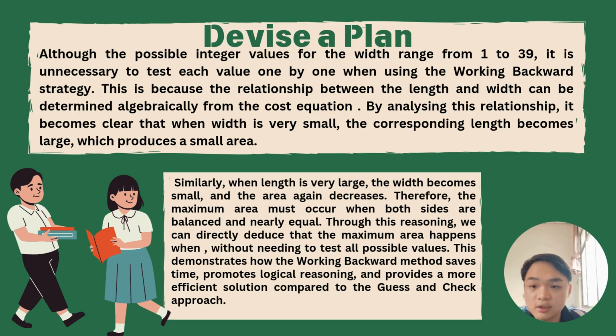Therefore, the maximum area must occur when both sides are balanced and nearly equal. Proving this reasoning, we can directly deduce the maximum area happens when L equals W, without needing to test all possible values. This demonstrates how the working backward method saves time, promotes logical reasoning, and provides a more efficient solution compared to the guess and check approach.